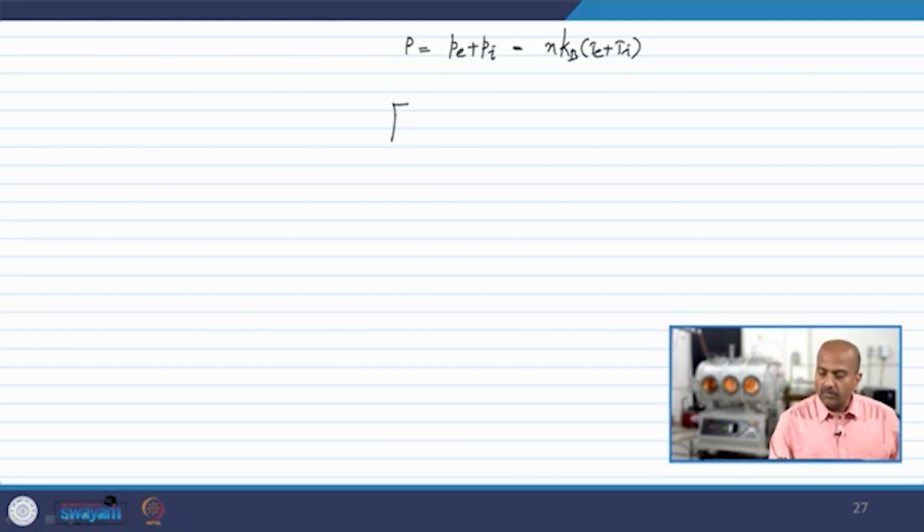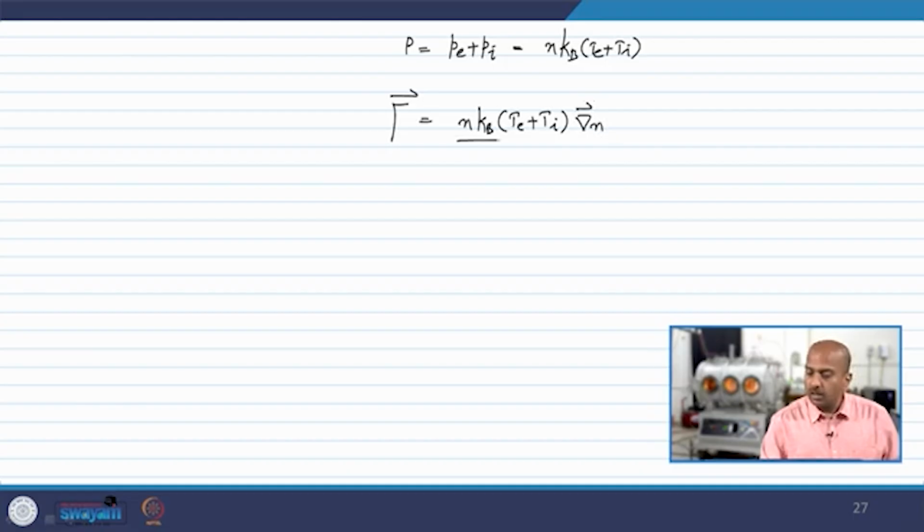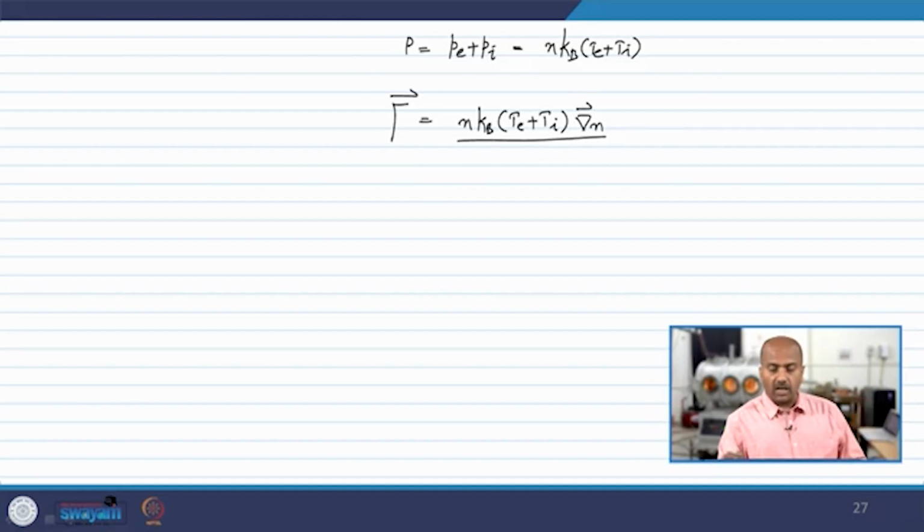So, in that case, the flux gamma can be written as n kB (Te plus Ti) times del n. The gradient on the pressure gets now transferred onto the number density, over sigma B square.